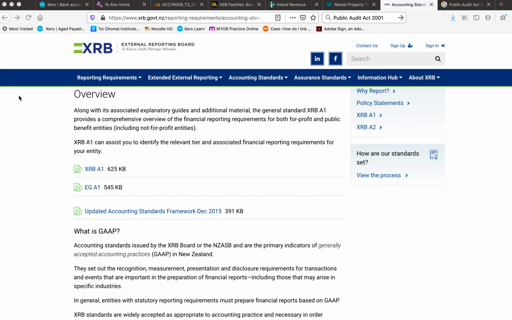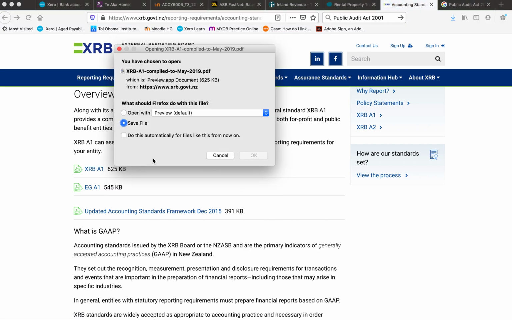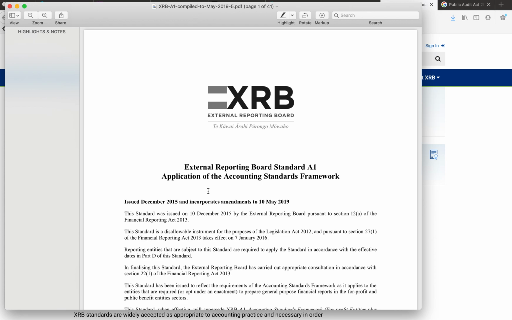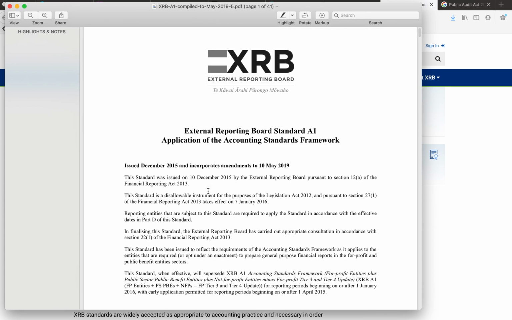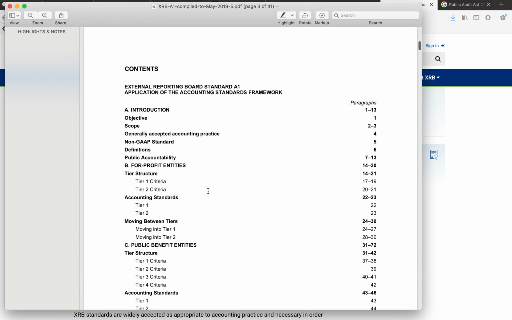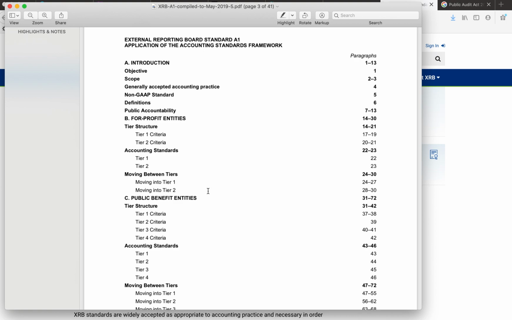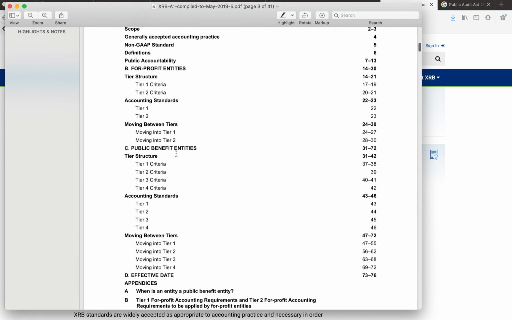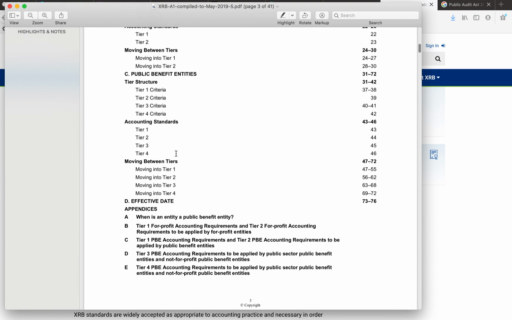Okay, it's not a standard, all right, so the framework is not a standard, but what they do have is a standard which tells you how to apply the framework. So there is a standard that tells you the application of the accounting framework. Again, you can print this off and take it in, but it just really gives you a little bit more detail and explanatory notes on the various tiers, moving between tiers and those sorts of things, right?